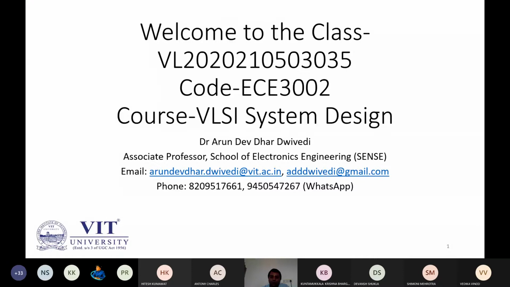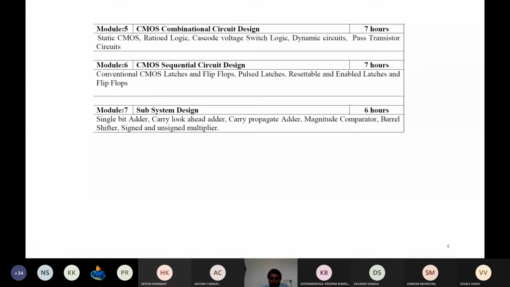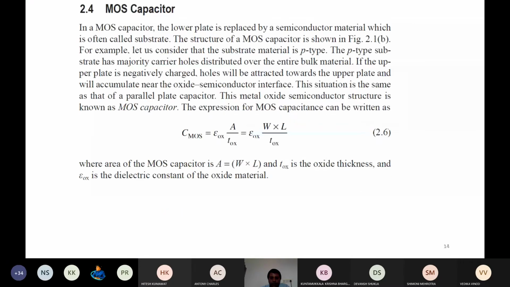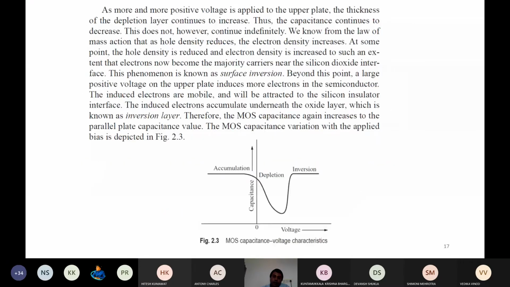So let us move forward in the same direction, operation of MOSFETs and theory of MOSFETs. Previous things are already covered. This MOS capacitor, how in accumulation mode and how in inversion mode, we have already discussed, and depletion mode.